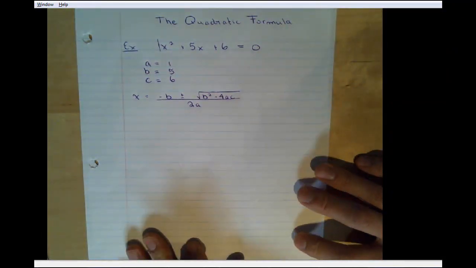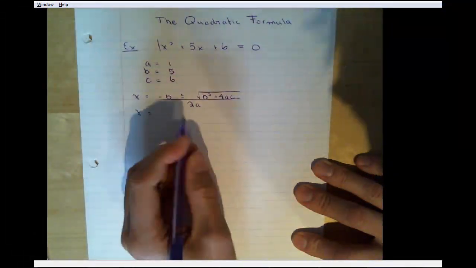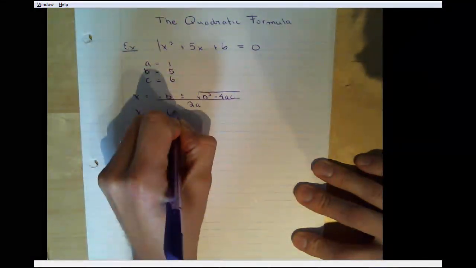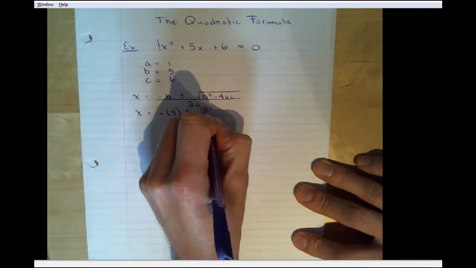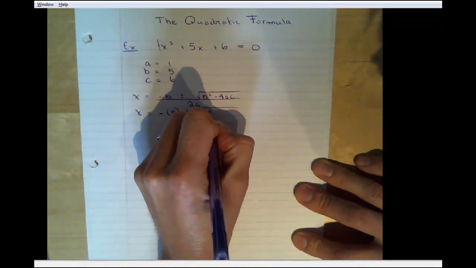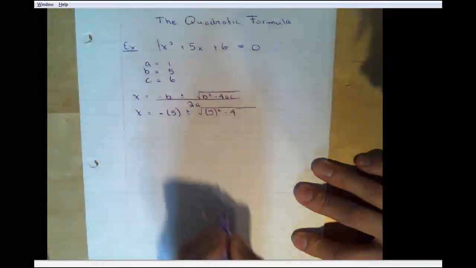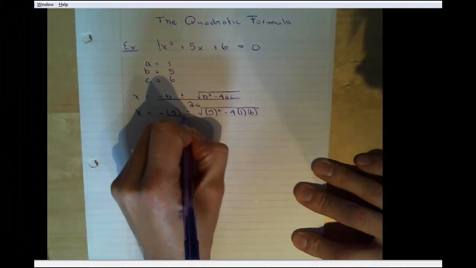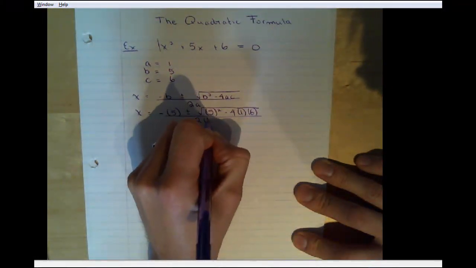Okay, now let's start substituting our values. So here we go. We put b here is 5. Make sure you have this minus sign here. Put your 5 in. It's plus or minus. It's 5 squared minus 4 times 1 for a. C is 6. Over 2 times 1.